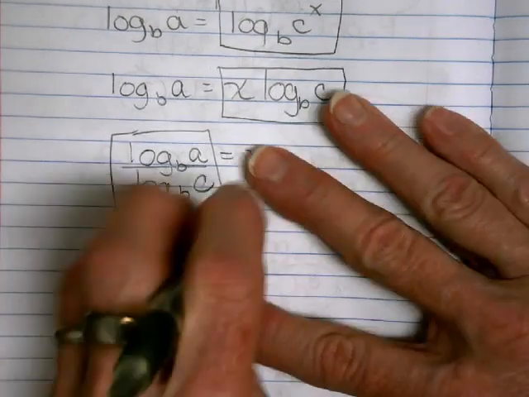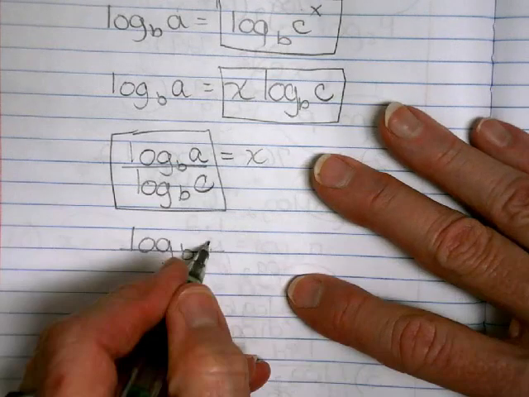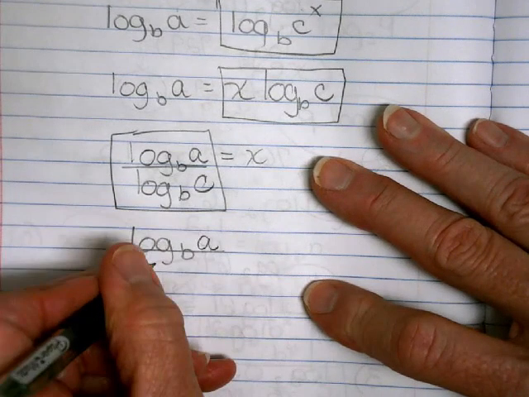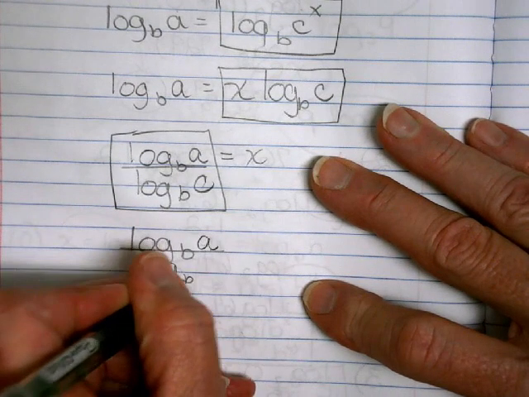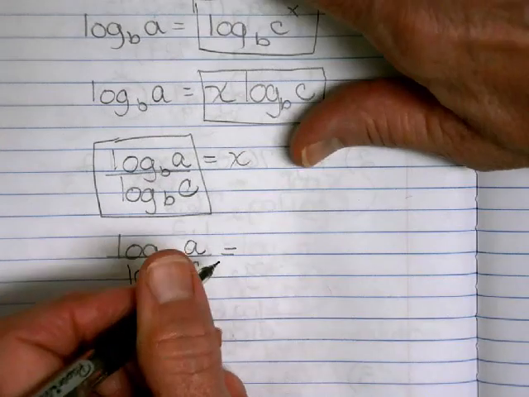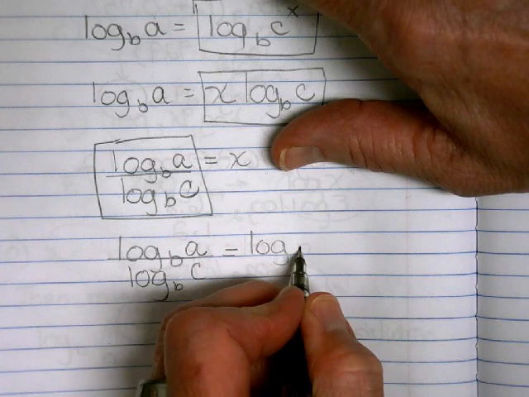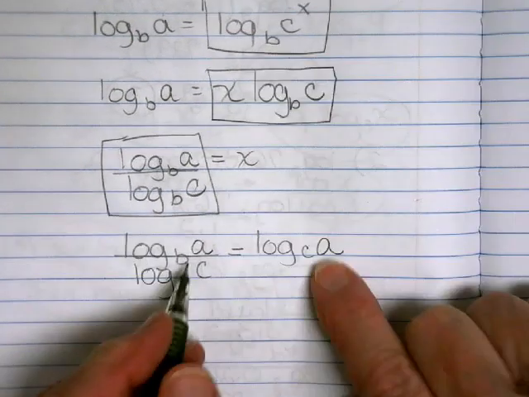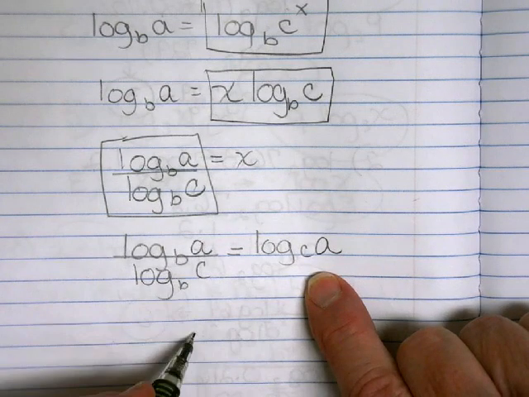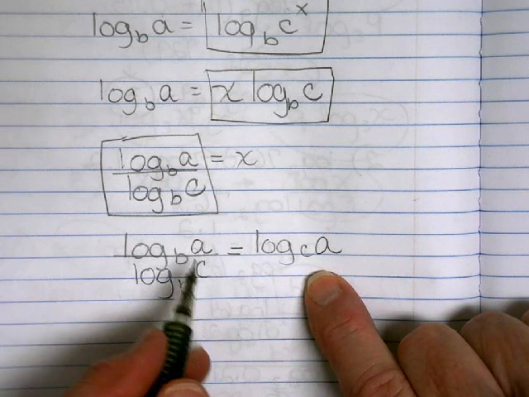the log base b of a over, that's supposed to be an a. My lead logged out on me. Log base b of c. This is the same thing as, I'll put what I had from x at the top, log base c of a. See?